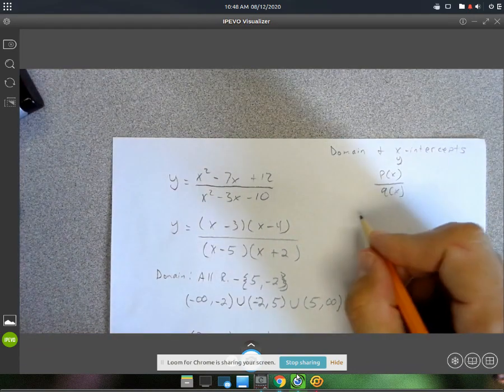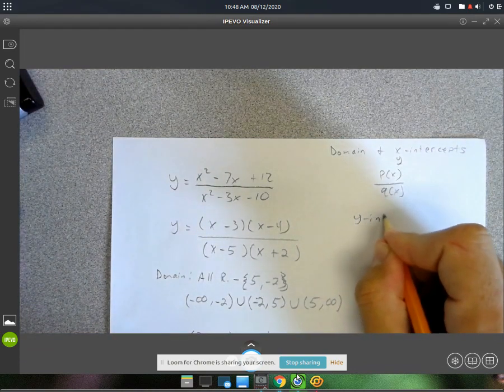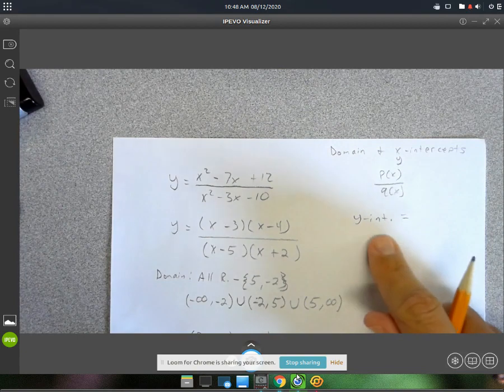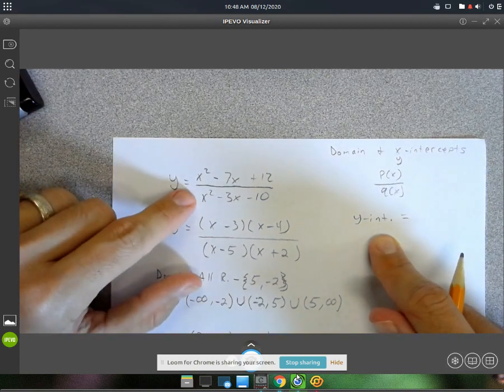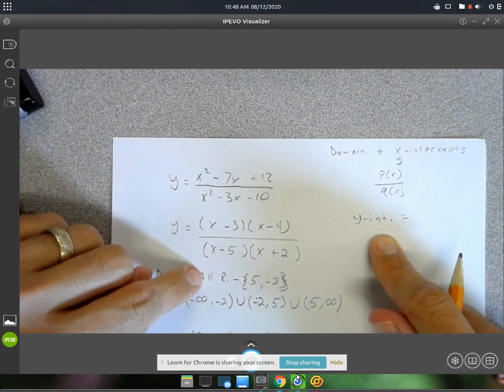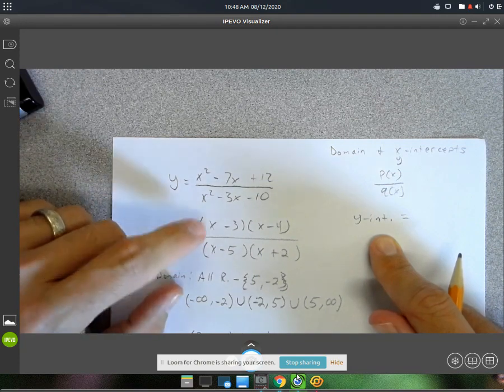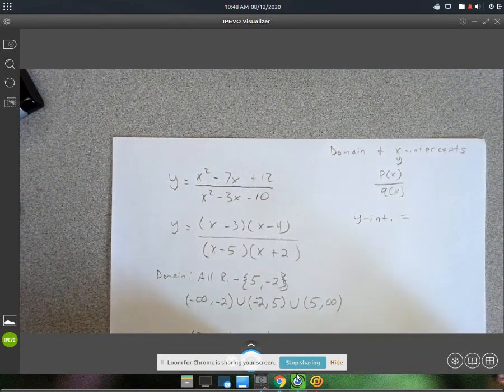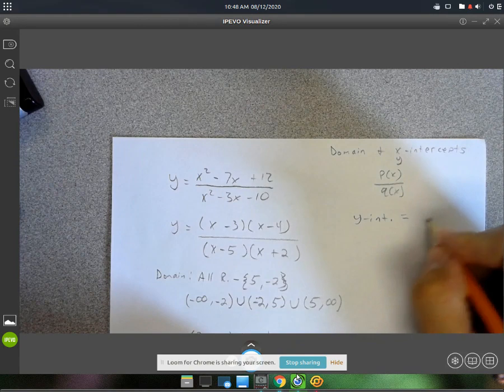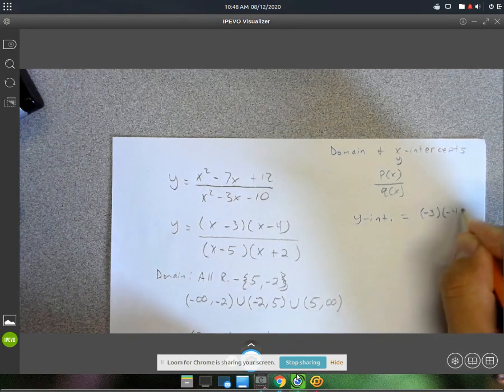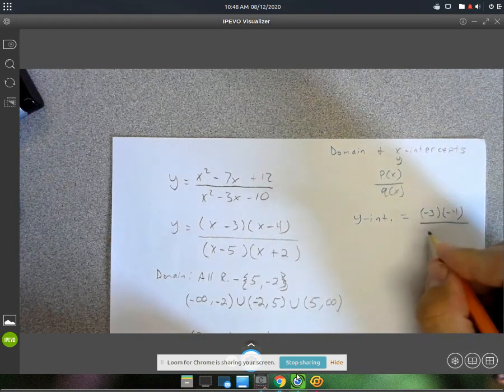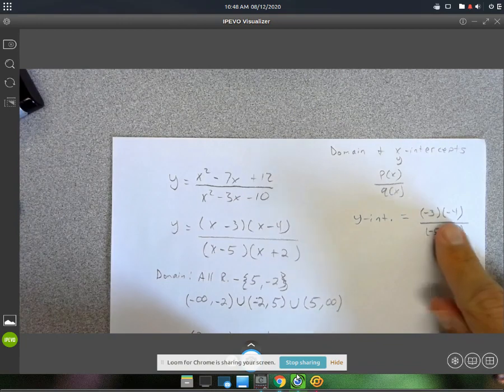All right, so let's go ahead and do the y-intercept. To find the y-intercept, you're just going to plug in 0 for x in the top and bottom. I can go ahead and use my factored form here. So let's plug in 0 for x. That's going to give us a -3 times a -4 over a -5 times a +2.